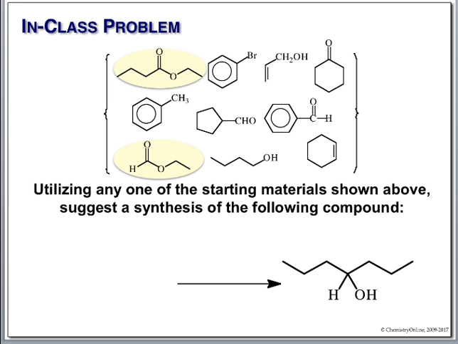Well, by George, they're both esters, aren't they? And what did we just talk about with esters? We said with an ester, we're going to add 2 Grignards to it, right? 2.